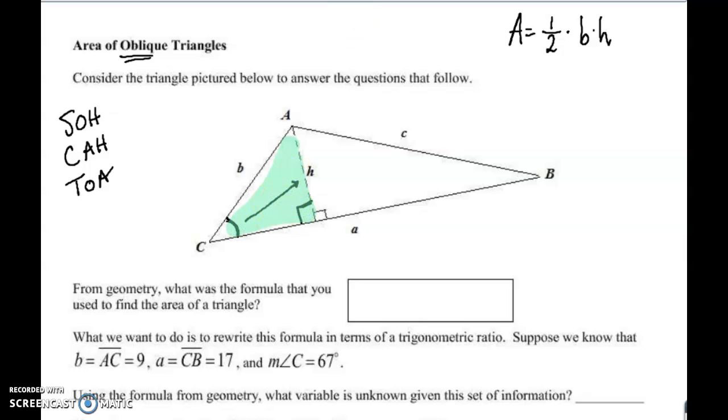I'm talking about this right triangle. S-O-H, opposite and hypotenuse. This is the hypotenuse in that right triangle. So sine of angle C is equal to H over B. We can solve for H, the height, by multiplying by B, so H is B times sine of C.